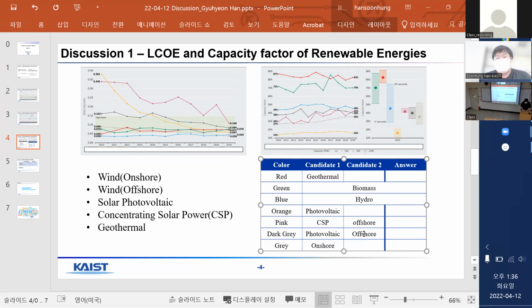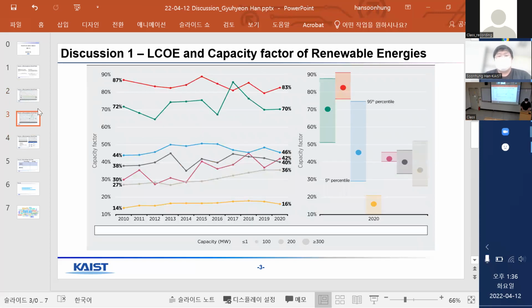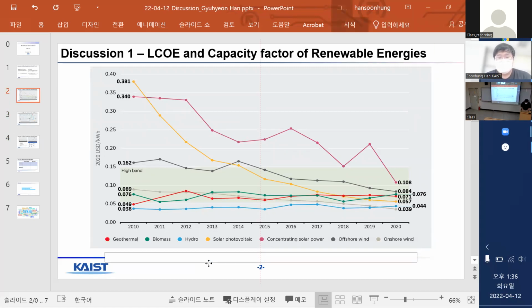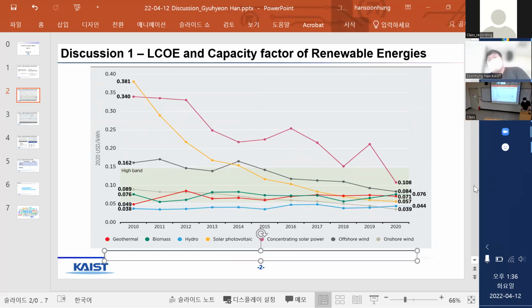So, you guys were quite correct because I exposed the answer before. Basically, as was said, solar electricity generation technology has improved over these 10 years, so the cost extremely decreased.